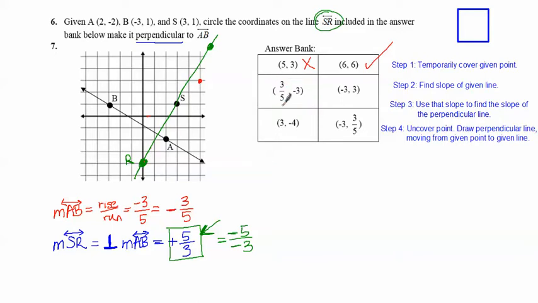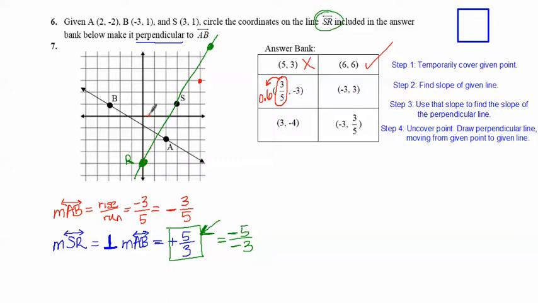The point (3/5, -3): if you use your calculator and you divide 3 by 5, you are going to get the decimal 0.6. That means that this fraction is less than 1. So if I start at my origin and start moving to the right, I don't get all the way to 1.